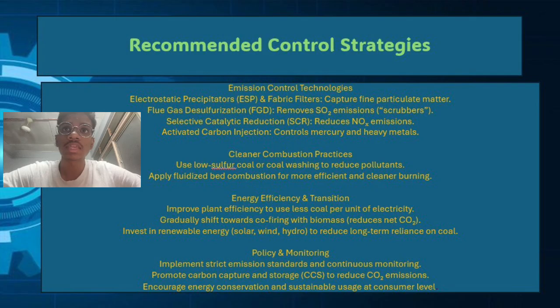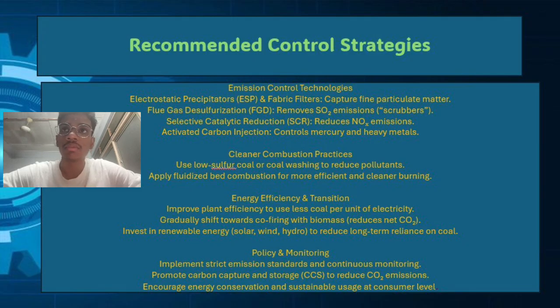Next we have selective catalytic reduction, which is also known as SCR, to reduce nitrogen oxide emissions. And finally we have activated carbon injection to control mercury and heavy metals.